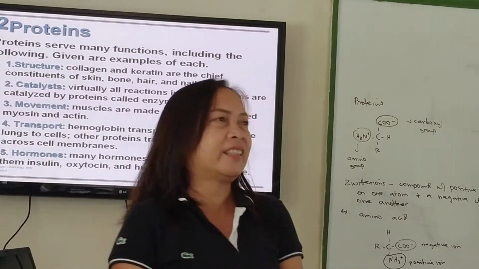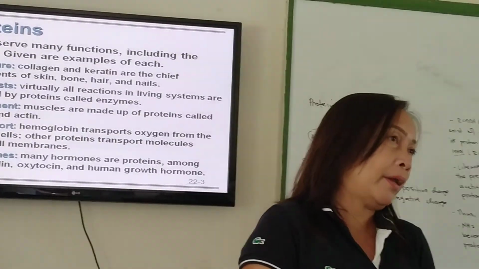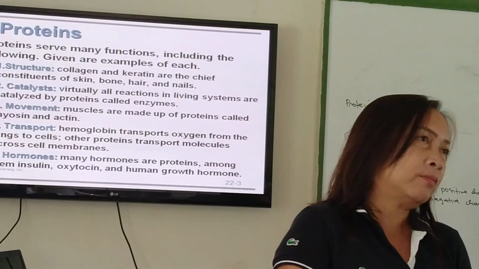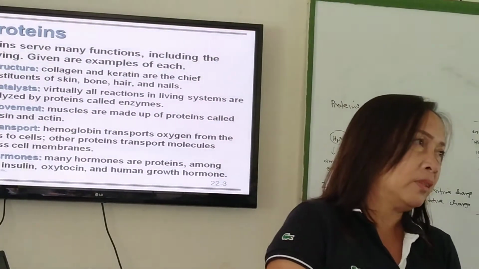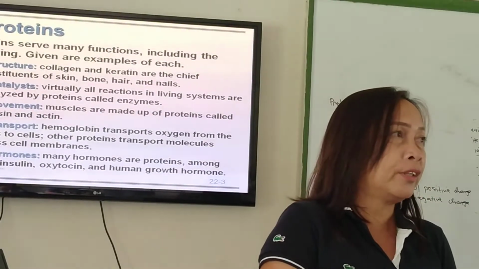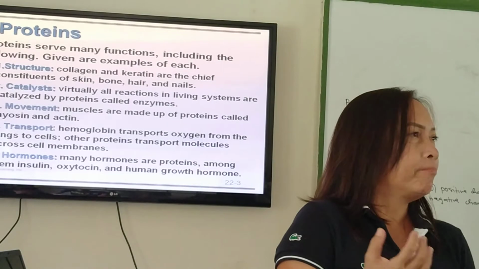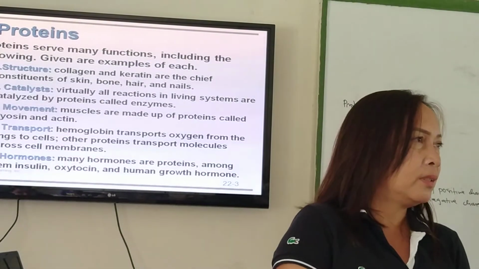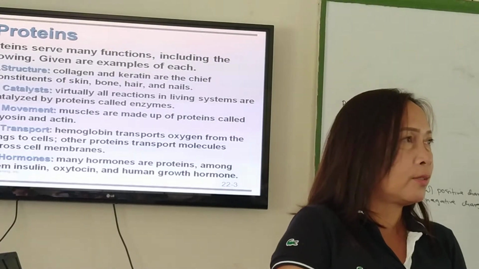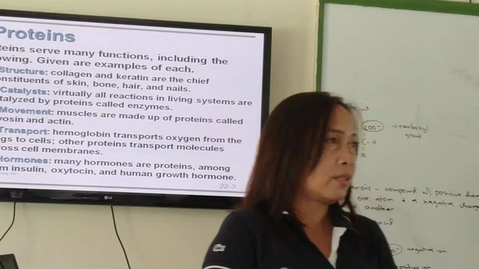Yes, exactly. So when the cells run out of carbohydrates, lipids will be used up. When lipids run out, proteins will be used up. That's why when Jesus fasted for 40 days and 40 nights, the carbohydrates were used up, then lipids were used up as energy, as well as proteins.